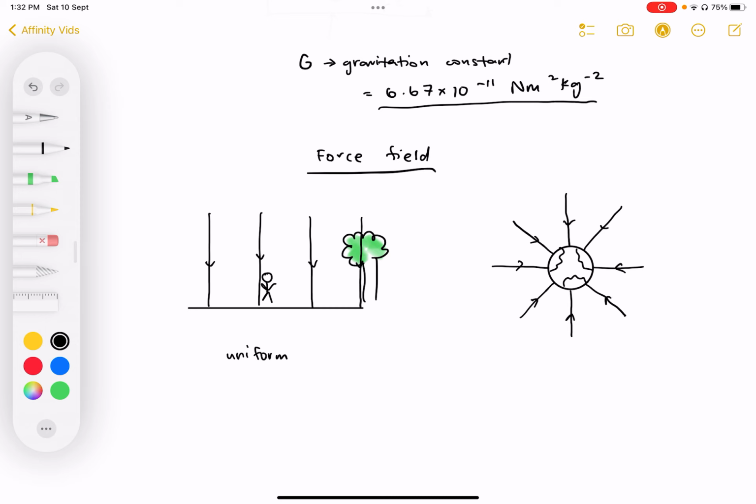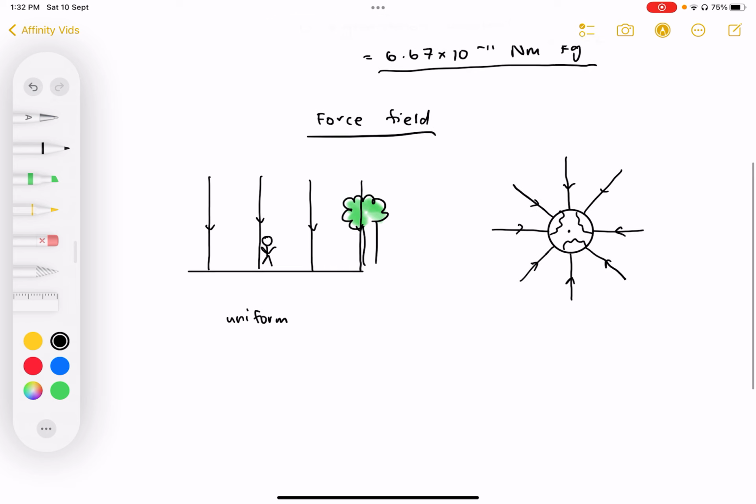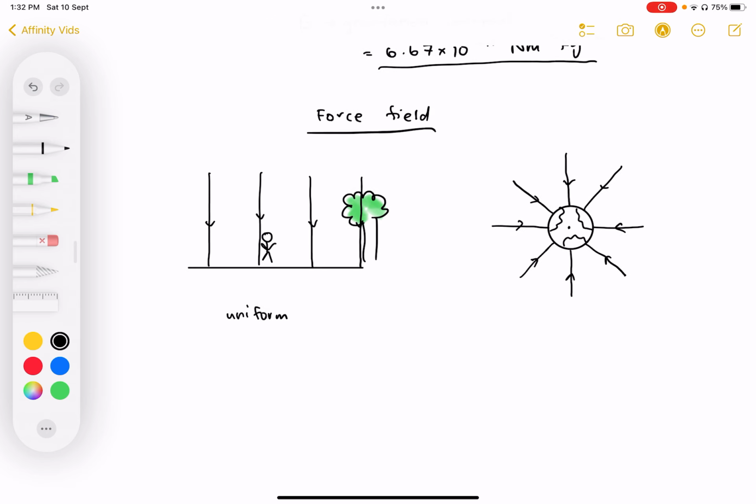It's not uniform, our lines aren't quite parallel, but they are all pointing towards the Earth's center. And so we can see that the difference that these field lines have is their spacing, and their spacing actually corresponds to the gravitational field strength at that point.